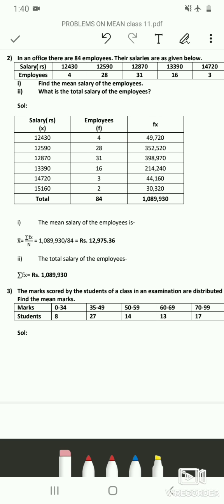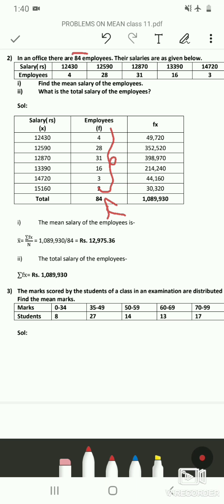So now substitute in the formula. For the first question, find the mean salary of the employees, you have to calculate arithmetic mean, which is denoted by x bar, which is equal to summation fx upon capital N. So here capital N is the total number of frequencies. Add these values, which is 84.